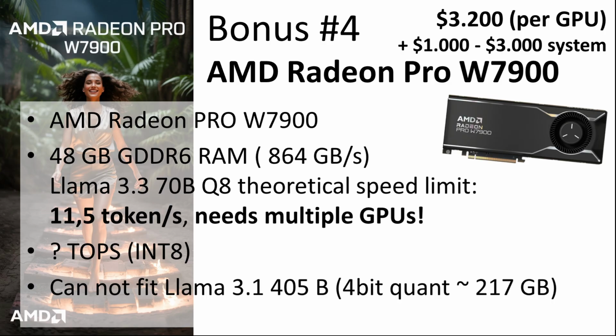Llama 3.3, at 70 billion weights, will come in with 11.5 tokens per second. Please note it will need multiple GPUs. We do not know the tops on this, and it will not be able to fit the big Llama, at least not on one card of this.